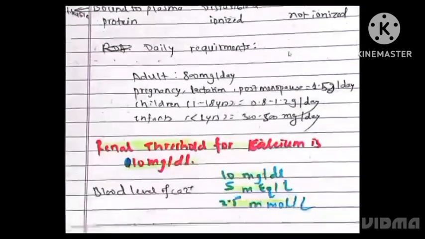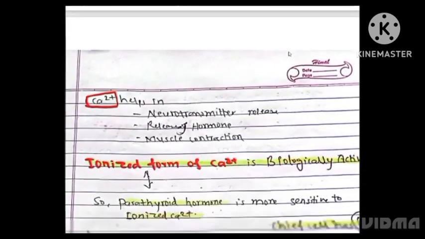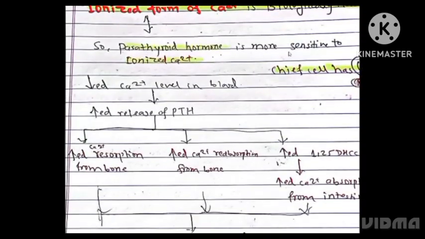Okay. The renal threshold for calcium is 10 mg per dl. Now, let us see here. If calcium concentration is decreased in the blood, then there will be increased release of parathyroid hormone from the chief cells of the parathyroid gland. This PTH causes increased calcium resorption from bone, that is, it causes osteoclastic activity of bone.